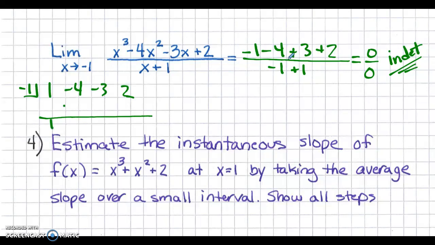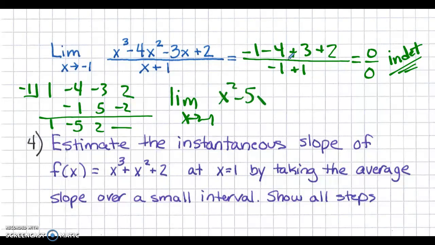I got 1, -1 is -5, is 5, 2, -2 is gone. So the limit as x approaches -1 is the same as the limit as x approaches -1 of x squared minus 5x plus 2.